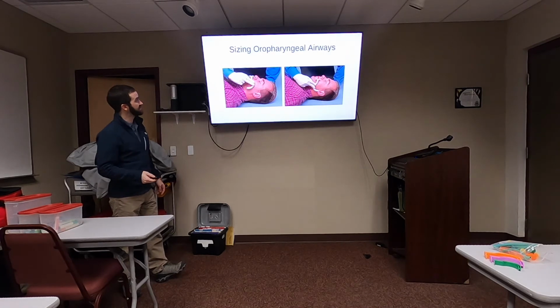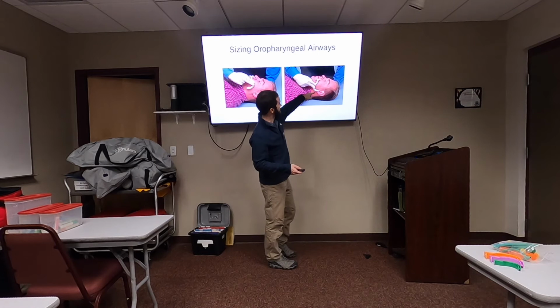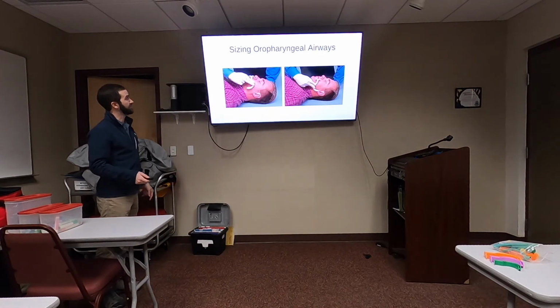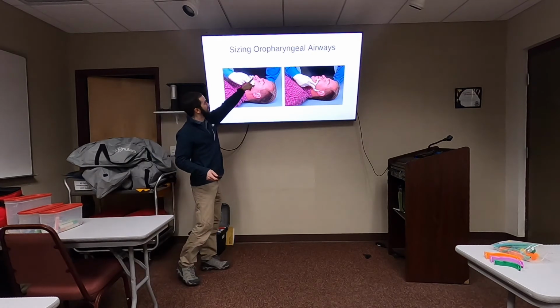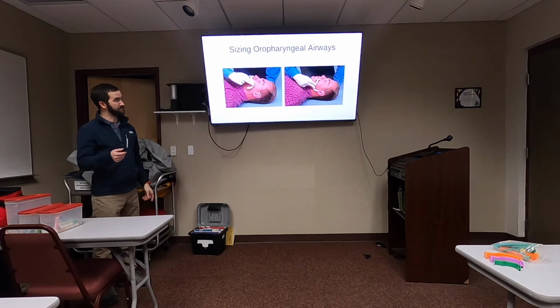So to measure these things, going from the angle of the jaw to the earlobe, that's a good way to size it. You can go from the nares to the angle of the jaw there too, and that'll get you a ballpark anyway.